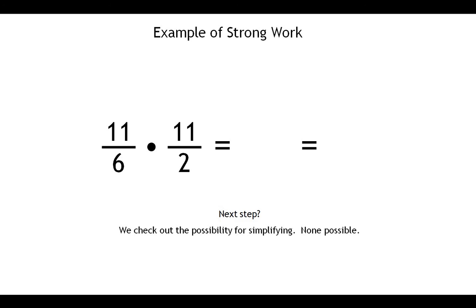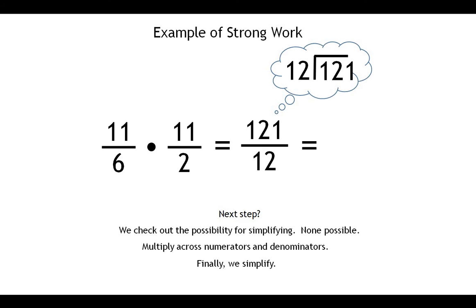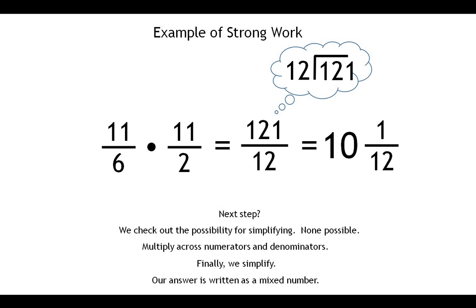We check out the possibility for simplifying. None possible. Multiply across numerators and denominators. Finally, we simplify. Our answer is written as a mixed number.